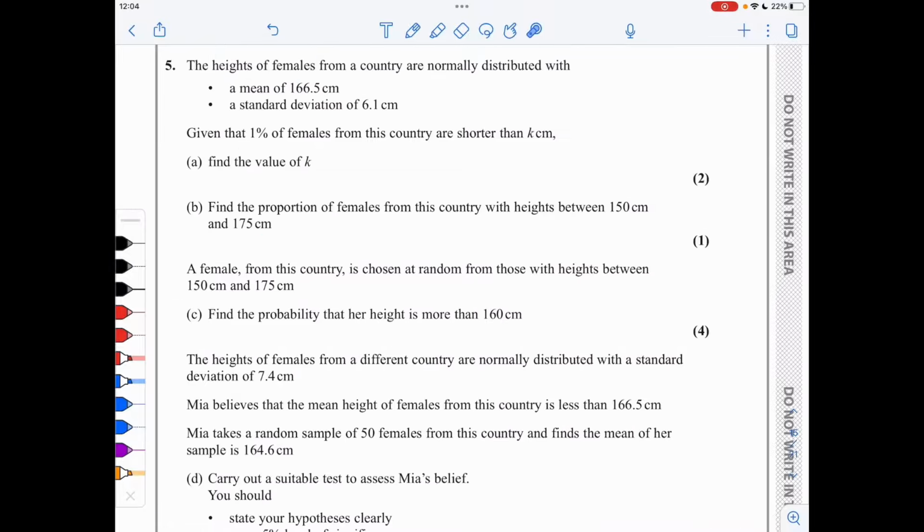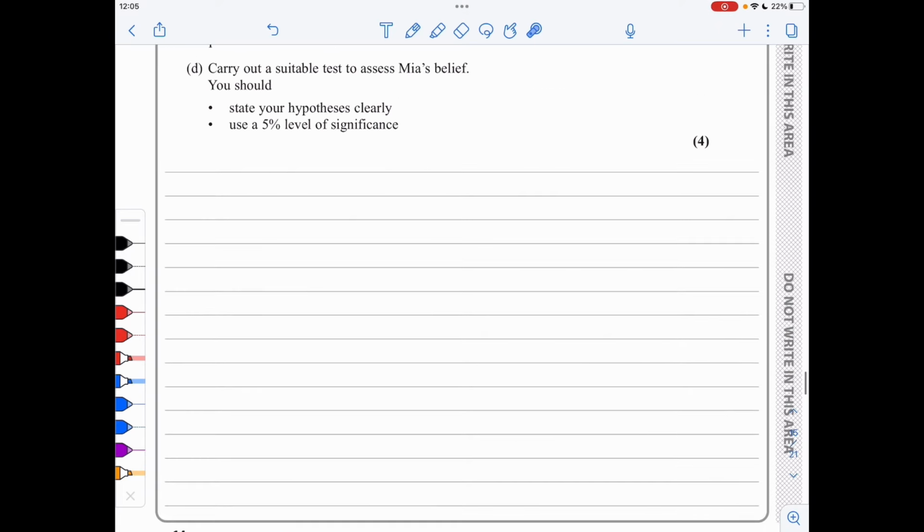In question 5, it's the heights of females from a country which is normally distributed. The mean is 166.5 and the standard deviation is 6.1. We are being given that 1% of females are shorter than K, and we need to find the value of K for 2 marks. I will start by defining X, my random variable, to be the height.